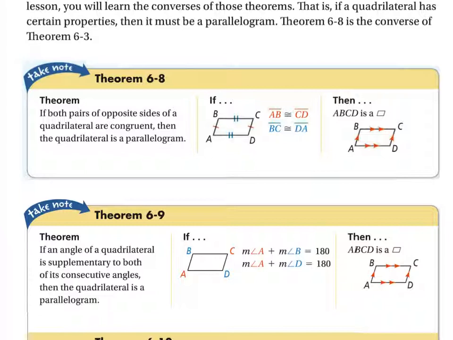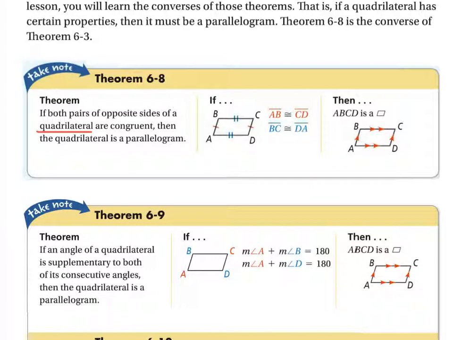So starting out with 6-8. Theorem 6-8 says that if we have a quadrilateral and we know that the opposite sides of the quadrilateral are congruent, then we have a parallelogram.